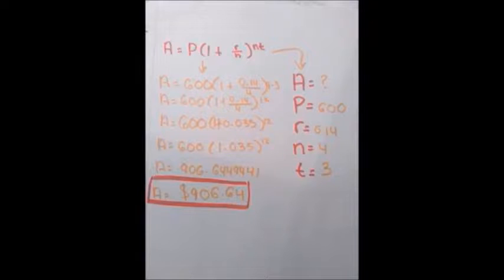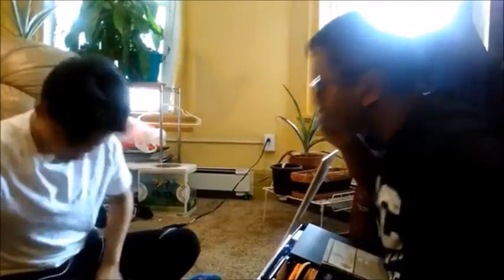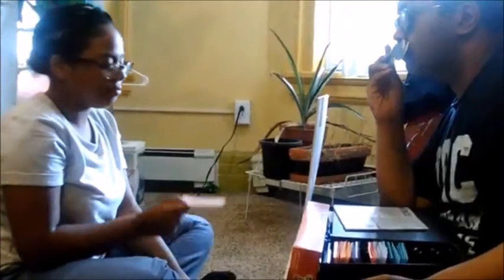Overall, I get A equals 906.6449441. Joseph's overall balance after 3 years will be $906.64.